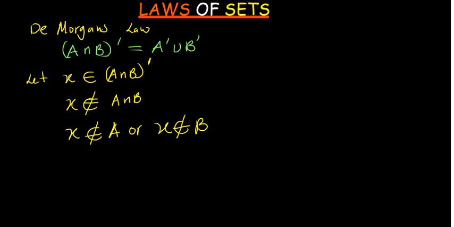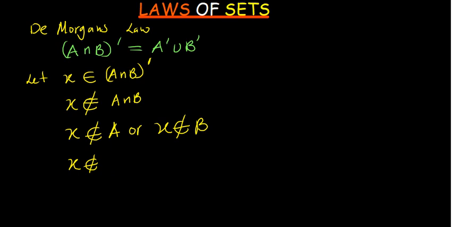So this is where I'm saying De Morgan's law will become a bit tricky. So X is not a member of A, meaning that X is a member of what? A complement. Or X is not a member of B, meaning that X is a member of what? B complement. Sorry, I've put not a member here, it's supposed to be member.